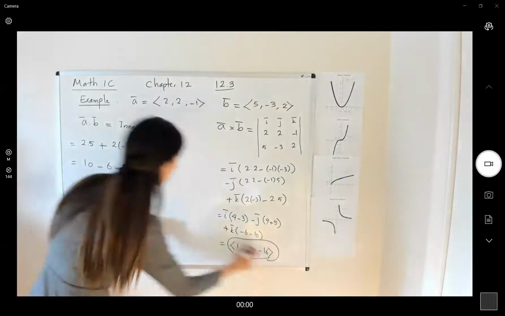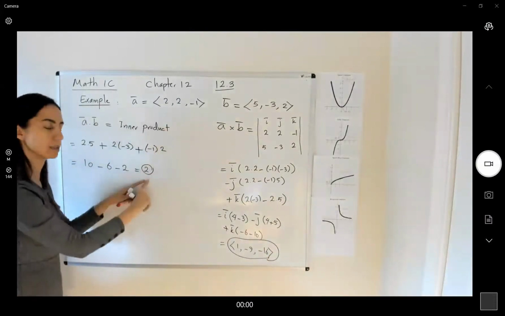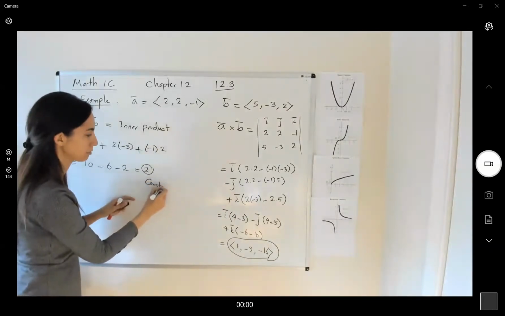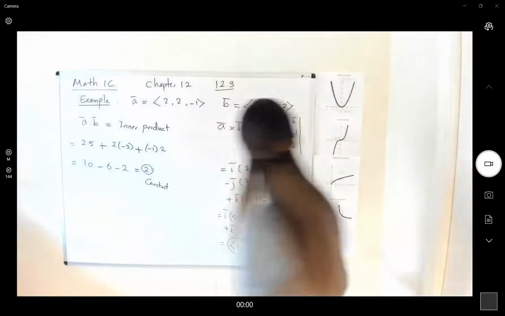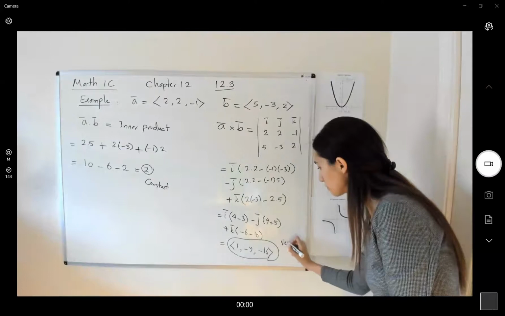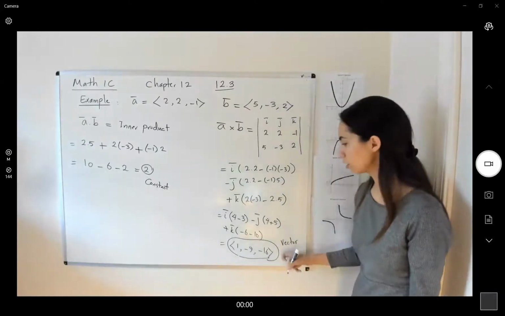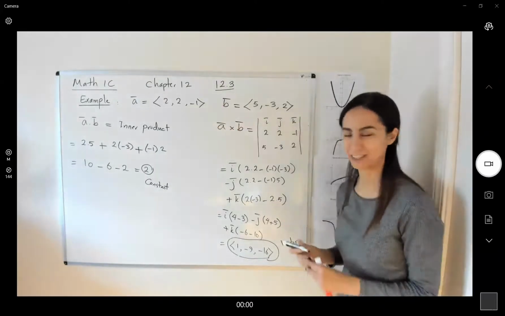This is the cross product, and this is the dot product. The dot product or inner product is always a constant number, and the cross product is always a vector. This vector is perpendicular, or we say orthogonal, to the plane including these two vectors.